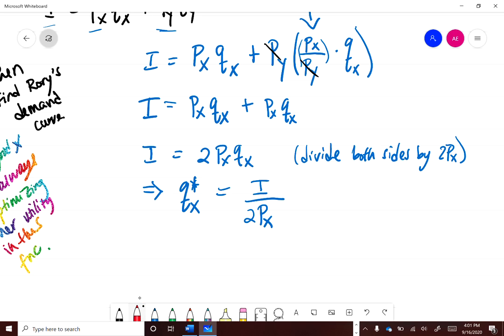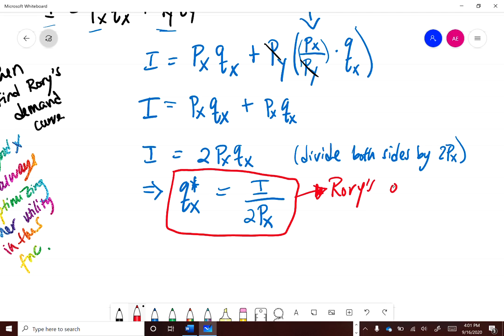So we can see here that this is Rory's demand function, Rory's optimal, which is what we want. We always want that optimal, especially if we're deriving it.